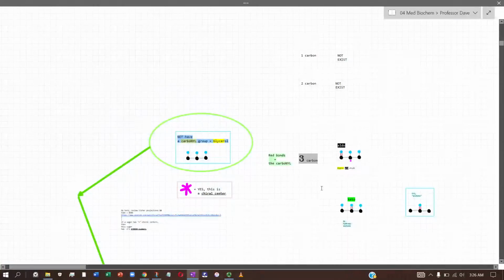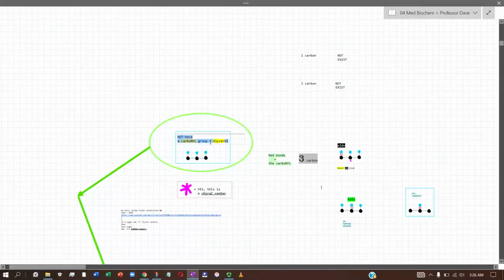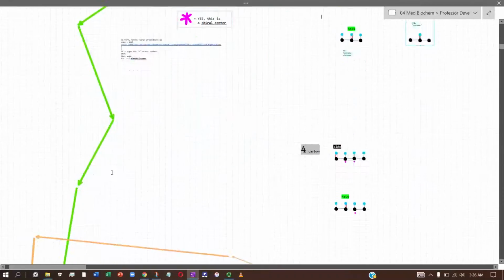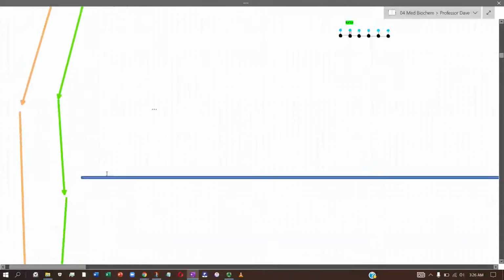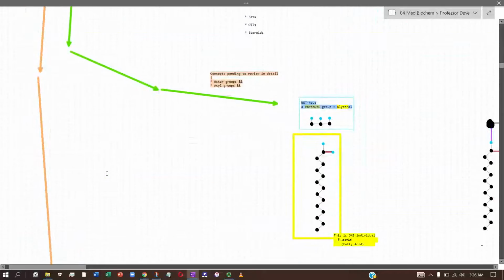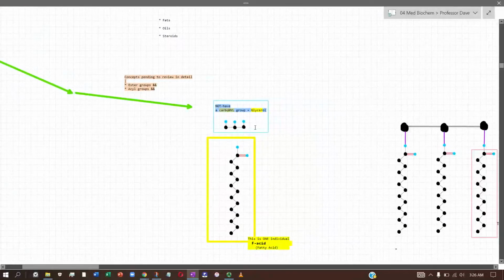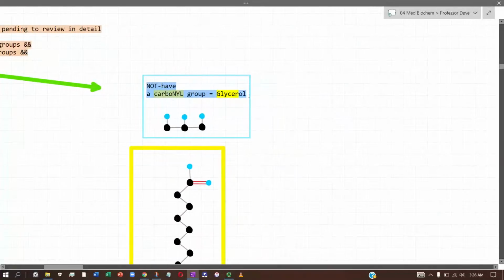There you go. And likewise, the reason this is highlighted is because we're going to consider the concept of glycerol, and we're going to follow the green arrow down to where it's relevant again when it comes to lipids.